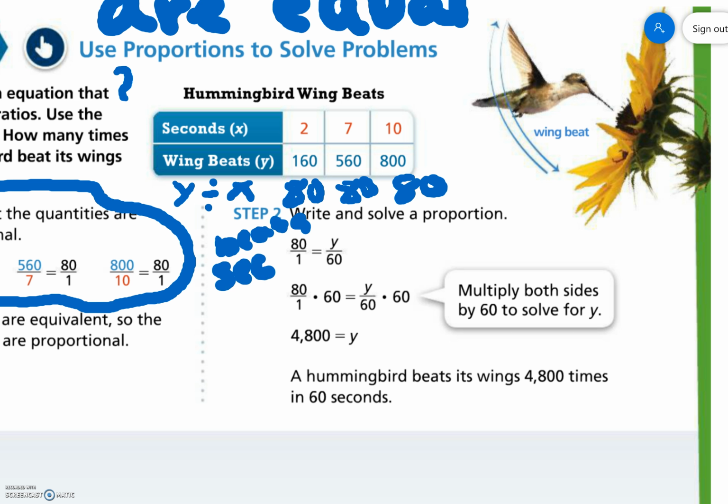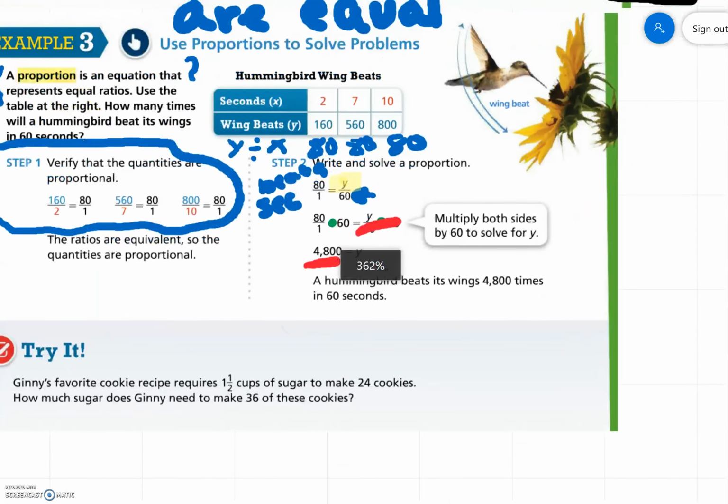We are trying to figure out how many times in 60 seconds, so that's how you know 60 has to go on the bottom. We are trying to solve for y. Right now, y is being divided by 60, so you multiply by 60 on both sides. It cancels out over here. We do 80 times 60 is 4,800. So a hummingbird beats its wings 4,800 times in 60 seconds.